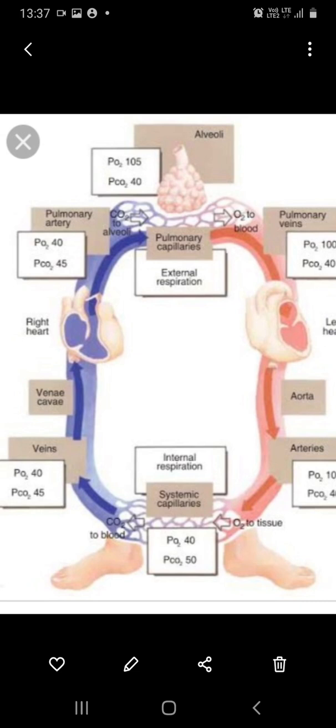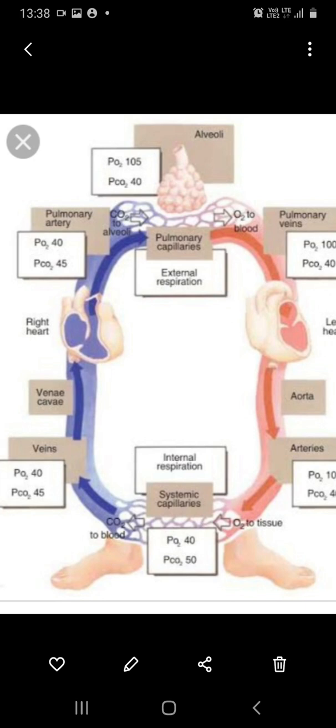Now consider gas, or we may say air, in a container, and in the container the amount of nitrogen is fixed. It will be 79% of the total amount of air present in that container.